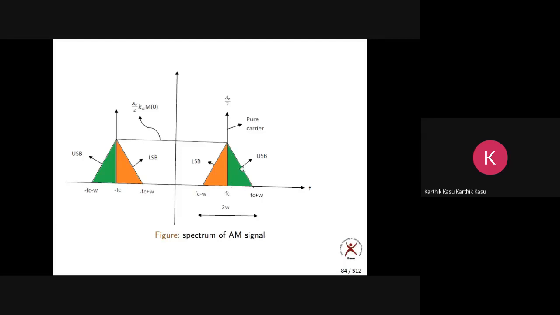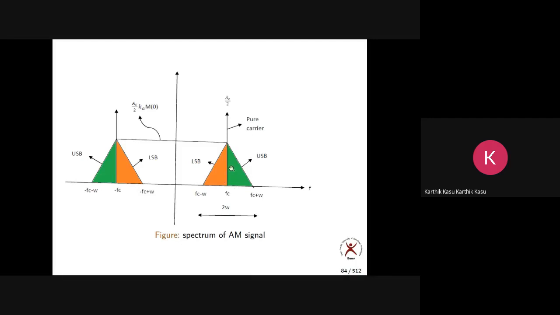How much is the length? W. So upper side band bandwidth is W. So lower side band bandwidth is also equal to W. So the bandwidth of AM is now 2W. Now I can say that they are identical.